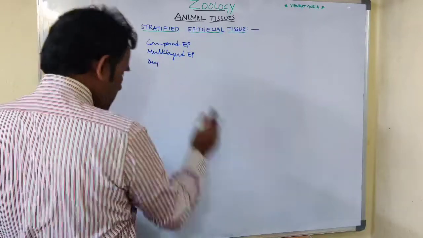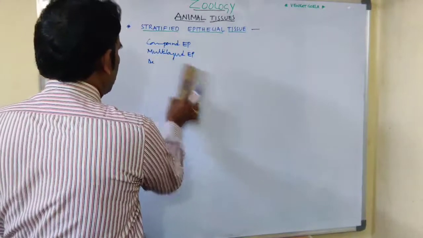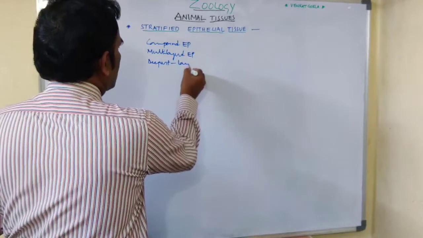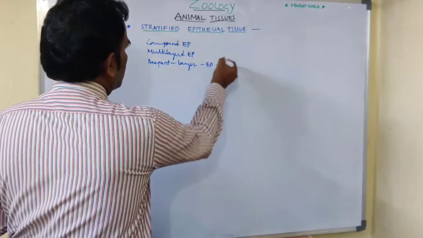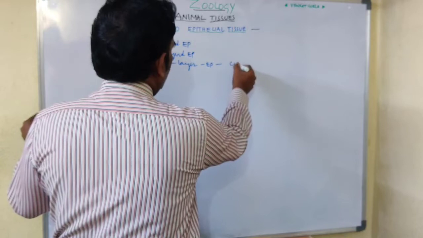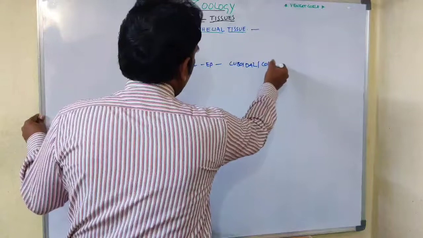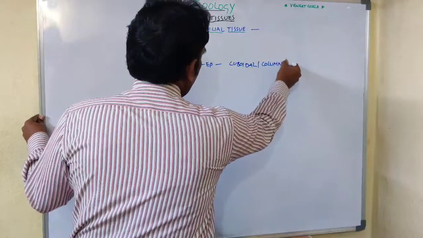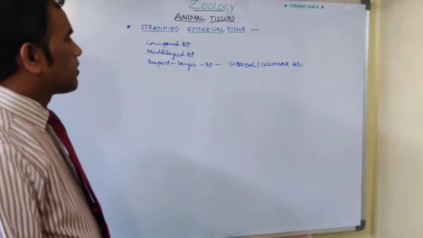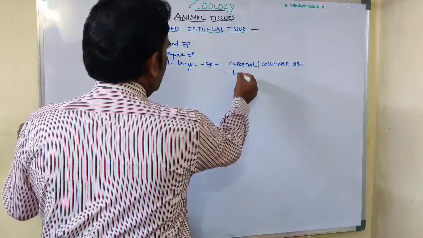The deepest layer of epithelium consists of cells, either cuboidal or columnar cells. These are living cells.